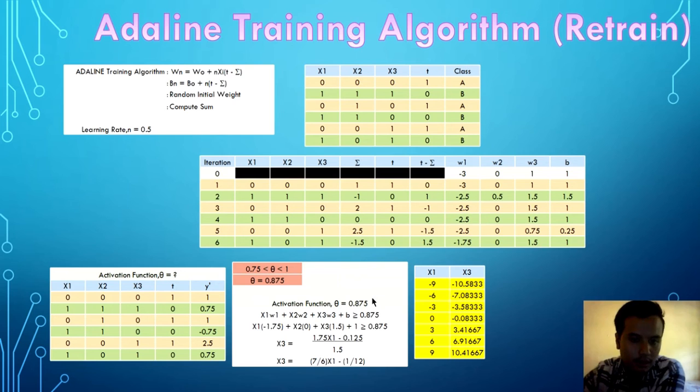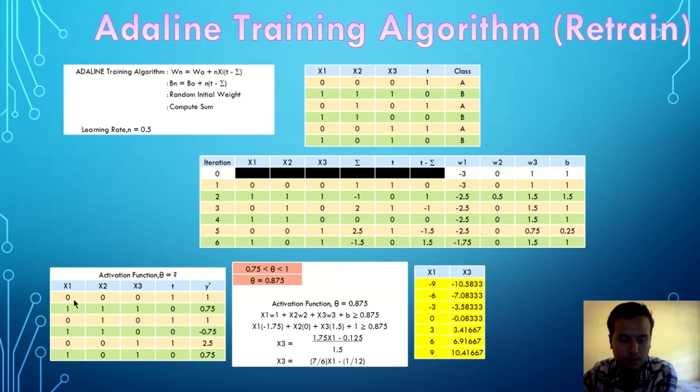To find the activation function, x1 0 will be multiplied with negative 1.75 plus x2 0 multiplied with 0 plus x3 0 multiplied with 1.5 plus 1. So we get the y prime 1.